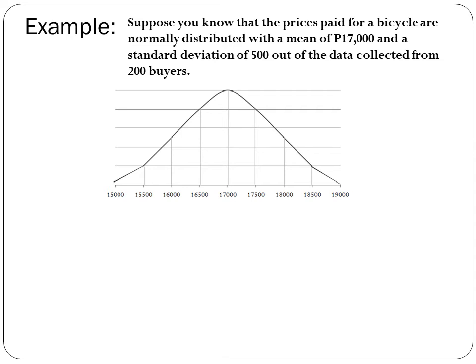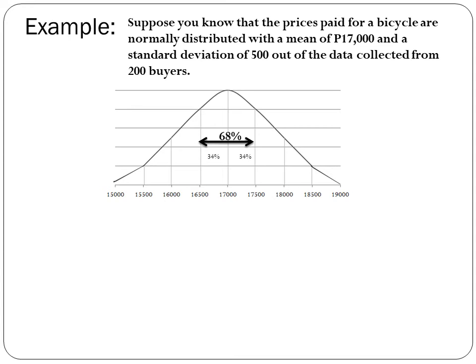So what are the interpretations that we can get out of this based on the empirical rule? So we have learned that between these two values from 16,500 to 17,500, the area covered is 68%. So what is now the interpretation of this using the empirical rule? So we can further divide this. 34% is the area from 16,500 to 17,000 pesos, and another 34% from 17,000 pesos to 17,500.